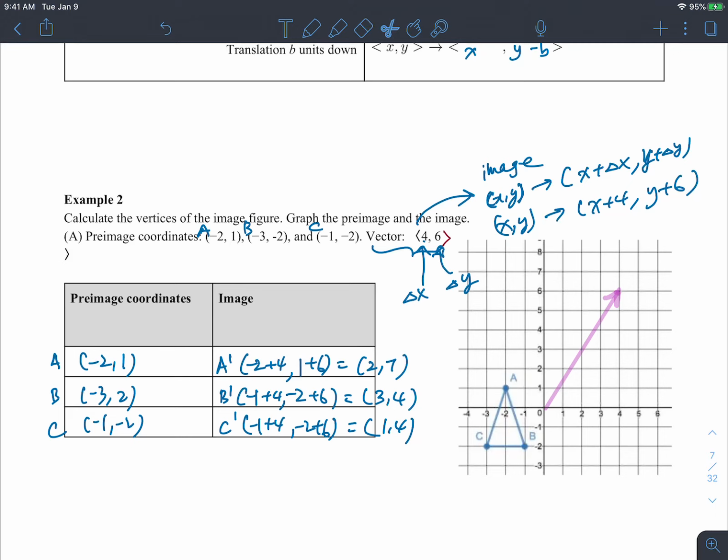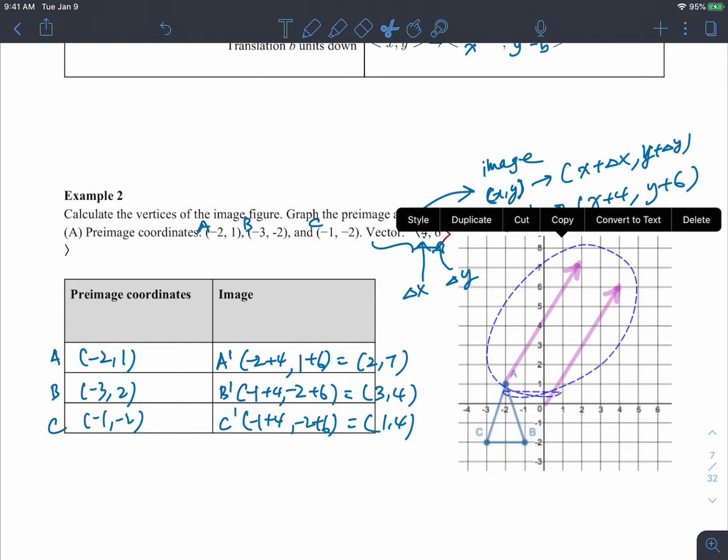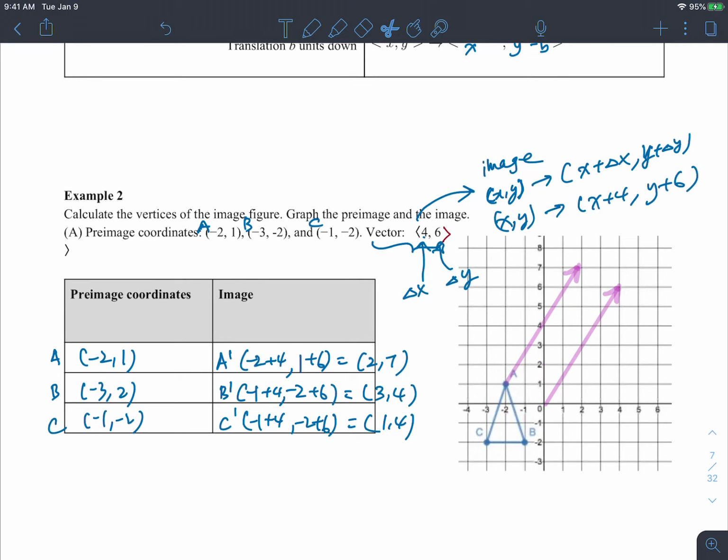So I am actually going to apply that to the point A. There you go. And I'm going to apply it to C right there, and to B right here.